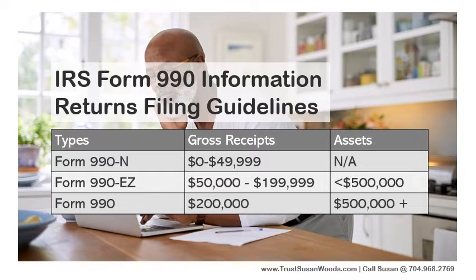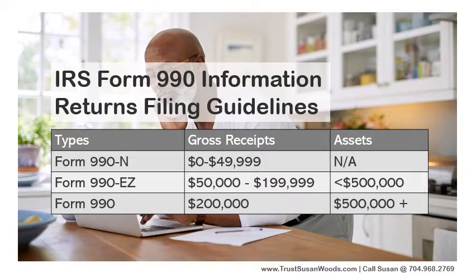The third type of Form 990 is the plain old Form 990, and it's if you have gross receipts in the amount of $200,000 or more and assets in the amount of $500,000 or more. That's the type of Form 990 you would complete if you fall into this category.